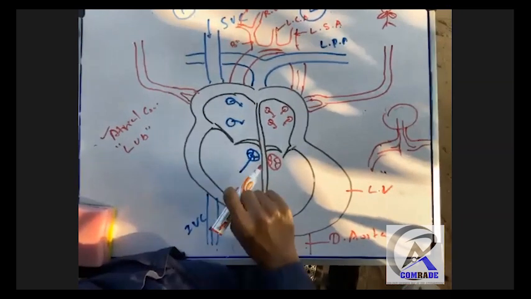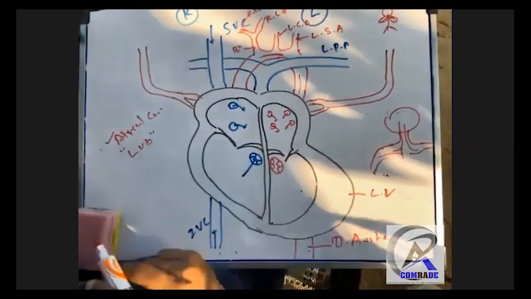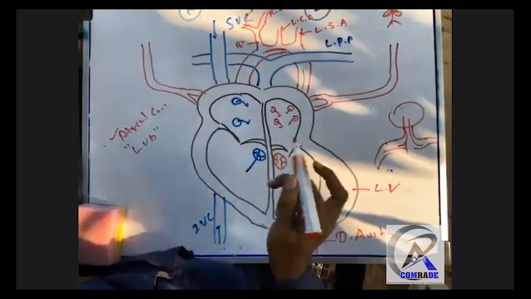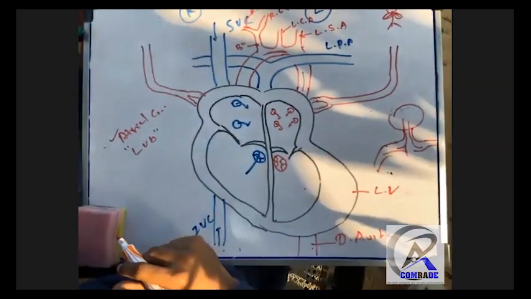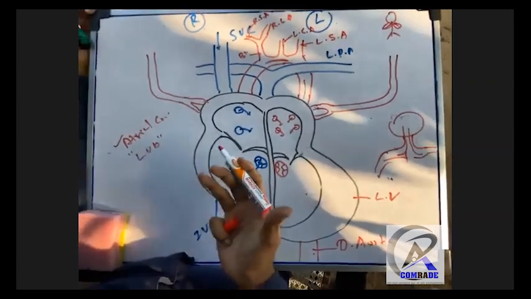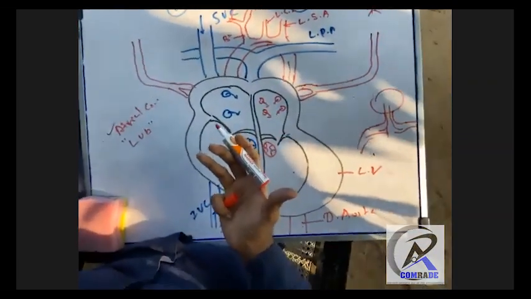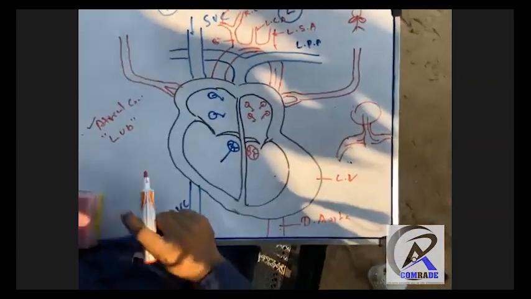That means the highest pressure is created by the left ventricle. That's a special point for you. It is not from the pulmonary, it is to the aorta, and only there do we calculate the blood pressure. We'll come to that. Just see this first.